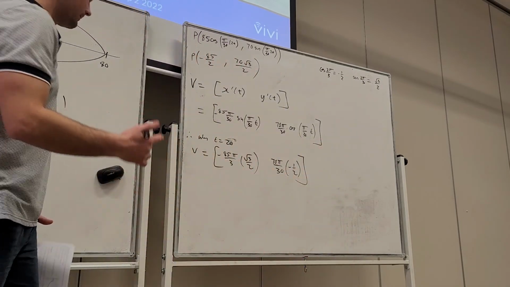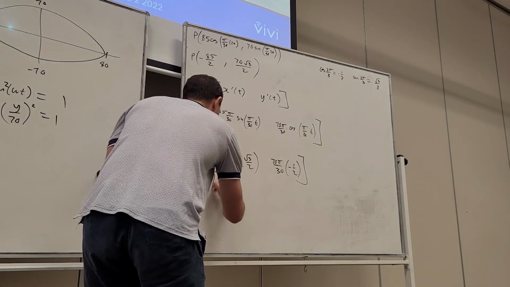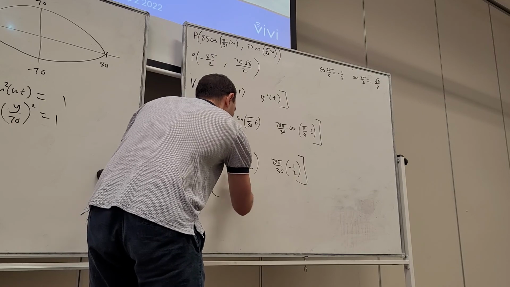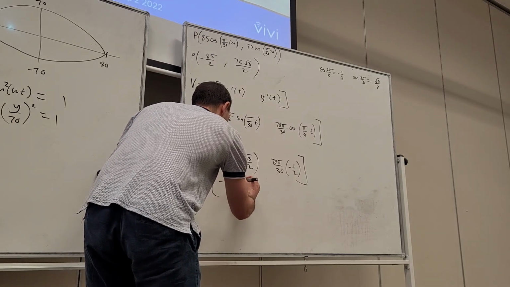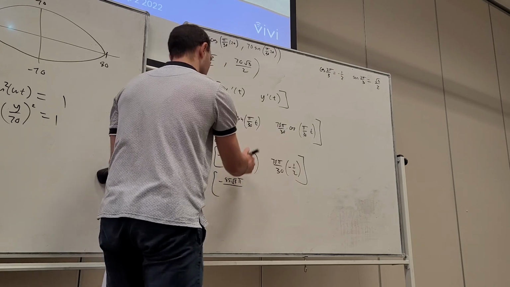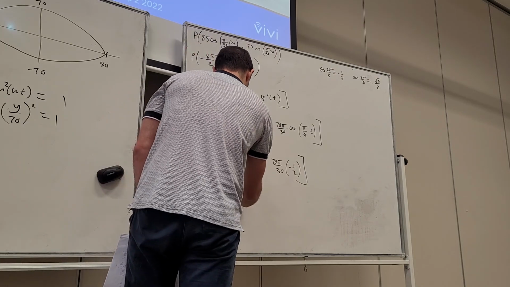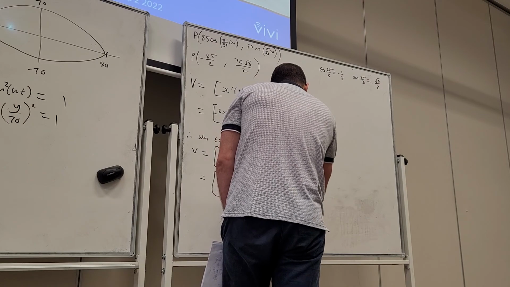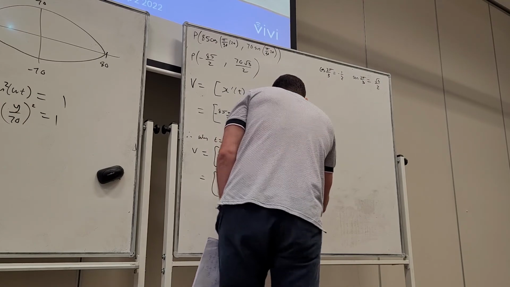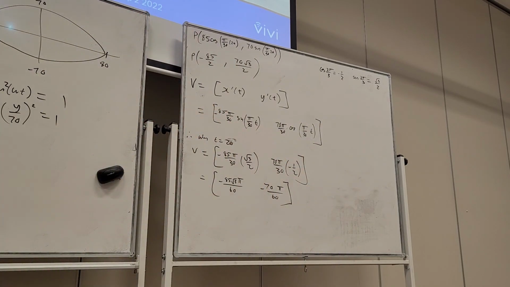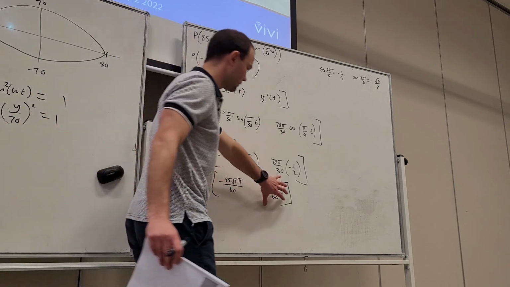And it can be simplified a little bit: at the top, minus 85 root 3 pi on 60, and minus 70 pi on 60. So that's the velocity vector, and you could express them as some decimals if you wanted to.